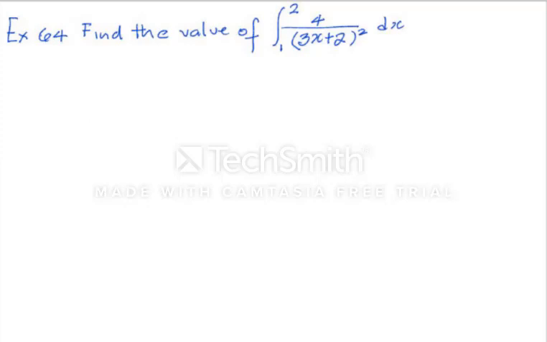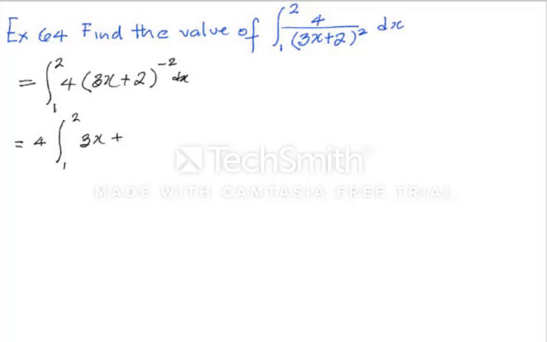All right, let's write this as the integral from 1 to 2 of 4 into 3x plus 2 all raised to the minus 2 power. Let's get the 4 outside. We have 4, and this is the integral from 1 to 2 of 3x plus 2 to the minus 2 power.